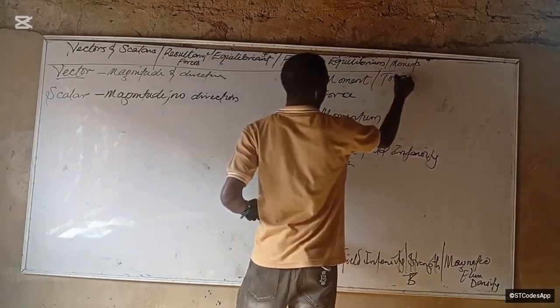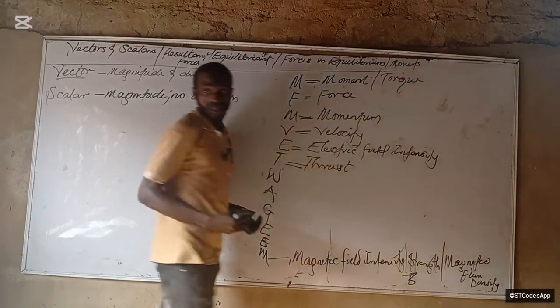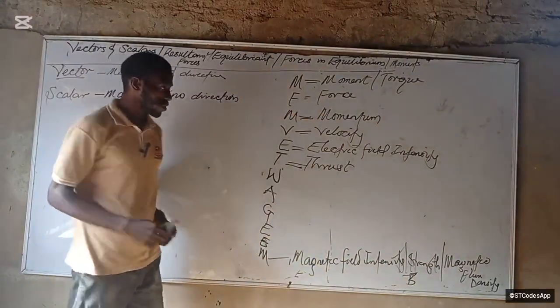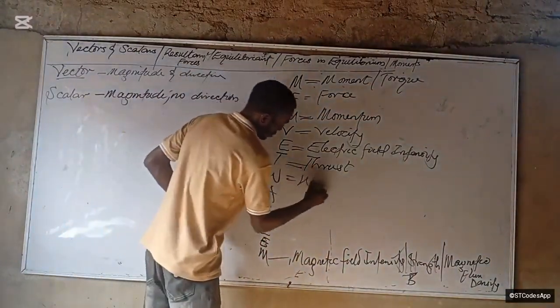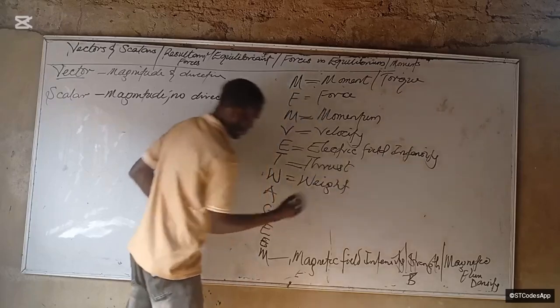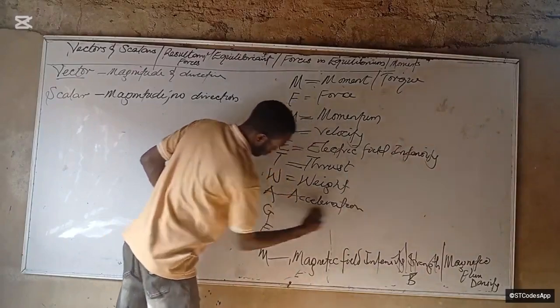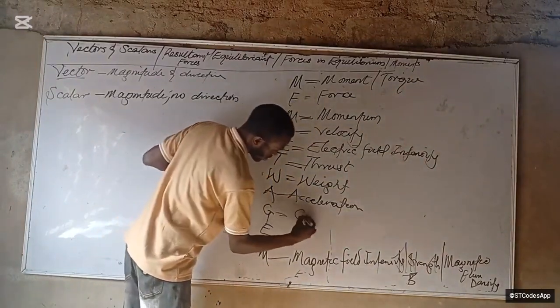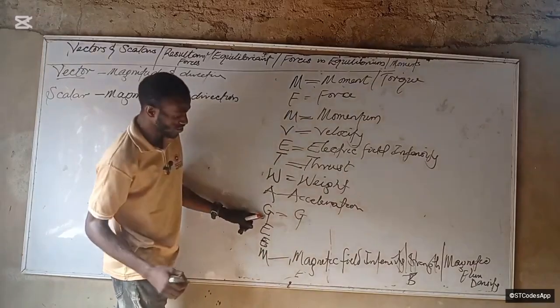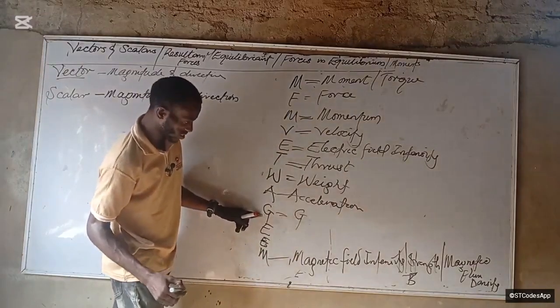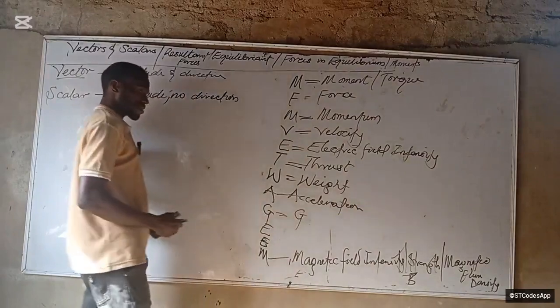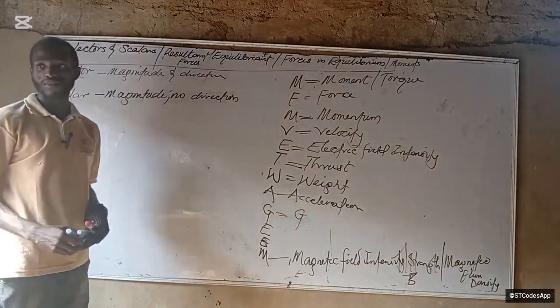Moment or torque here. This one will be weight. This one will be acceleration. Acceleration due to gravity is included in this.